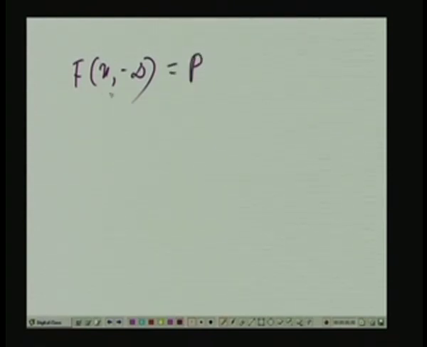If I am writing like this, actually I should write in a different way. I should say that it is the probability that x is less than or equal to capital X and y, there is nothing called less than or equal to minus infinity.